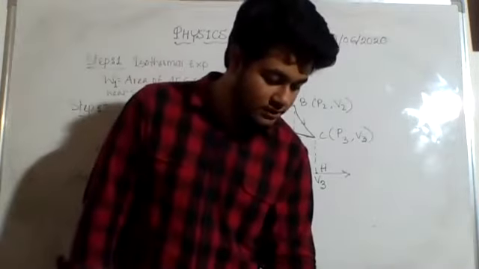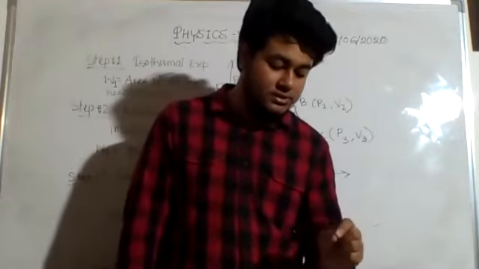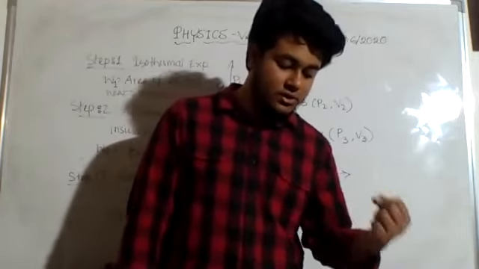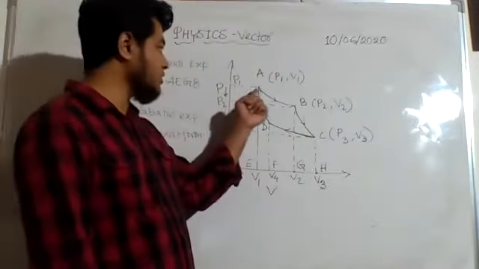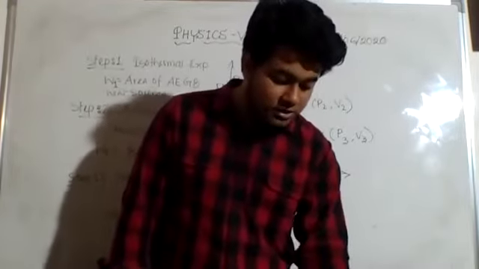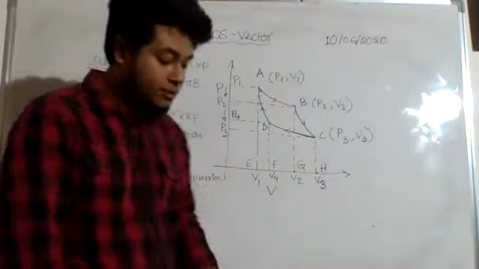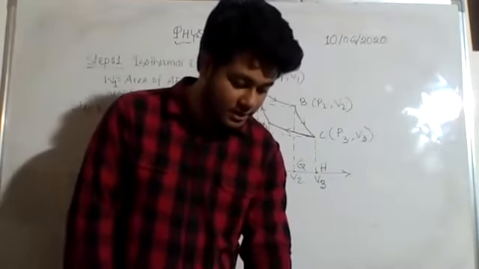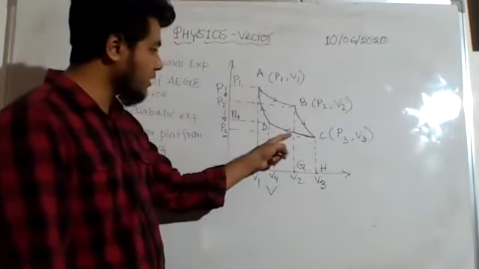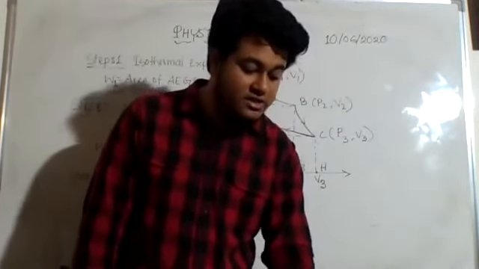Come to the definition on page number 26. You will see that it is written here. The working substance is taken through a cycle of operation known as the Carnot cycle, a cycle in which the working substance, starting from a given condition of temperature, pressure, and volume, is made to undergo two successive expansions, one isothermal and another adiabatic, and then two successive compressions, one isothermal, one adiabatic, and then brought back finally to the initial condition.